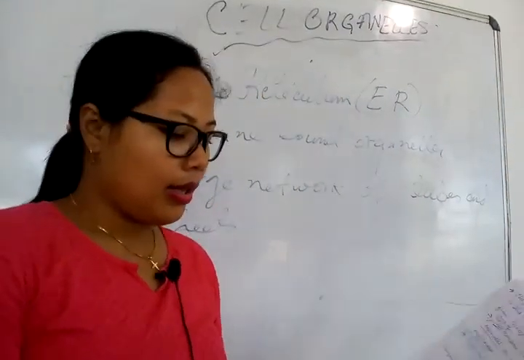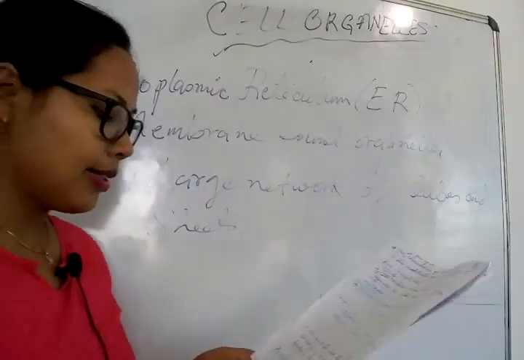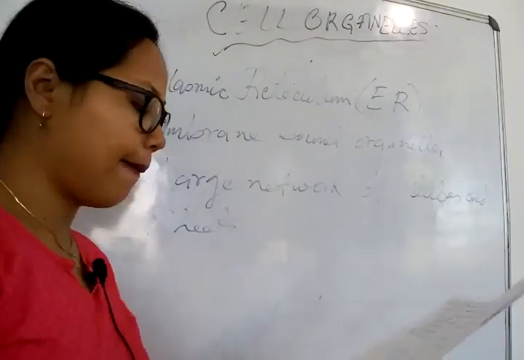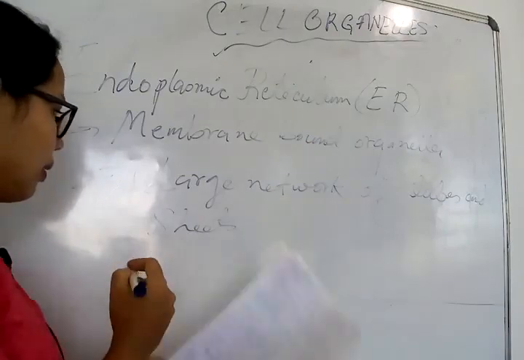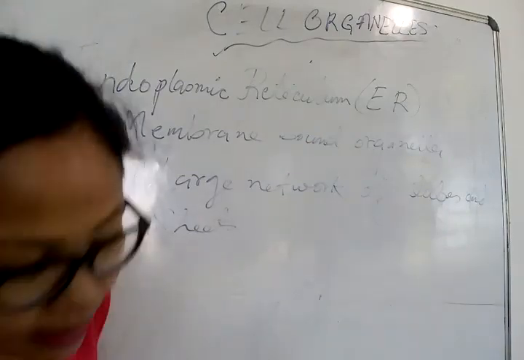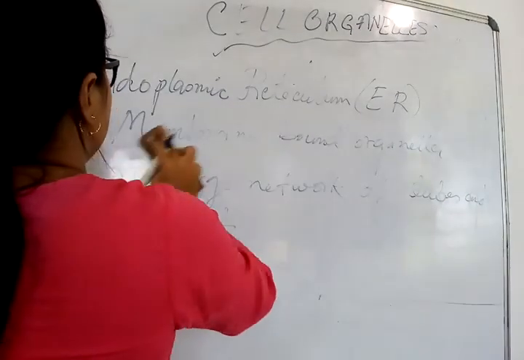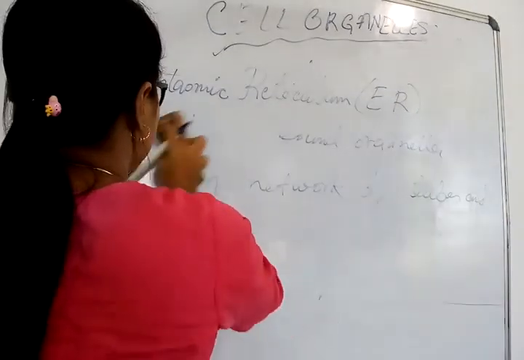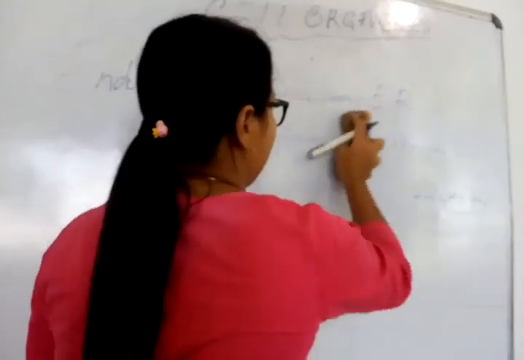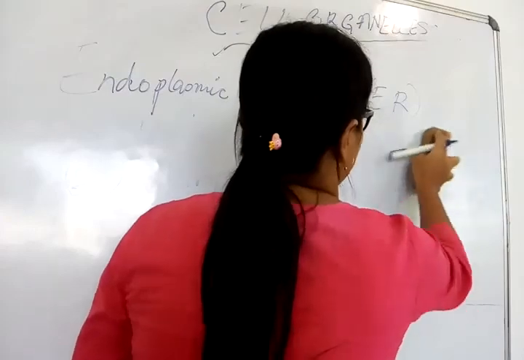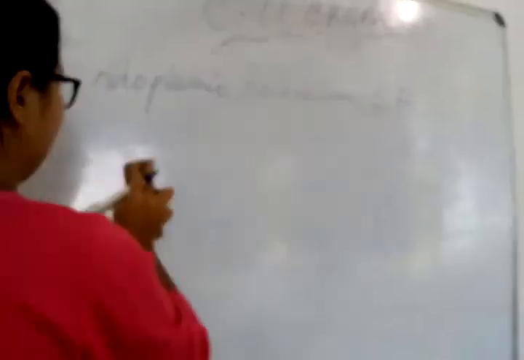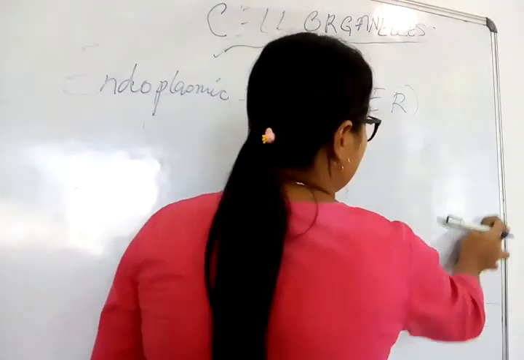So the endoplasmic reticulum has a large network of tubes and sacs. Now, how do they look, what are their appearances? Let's see how the endoplasmic reticulum appears.